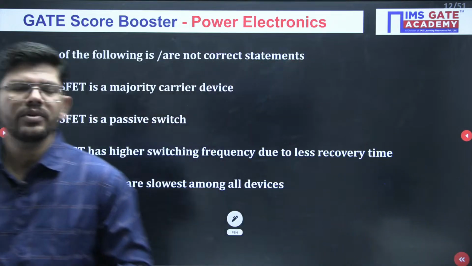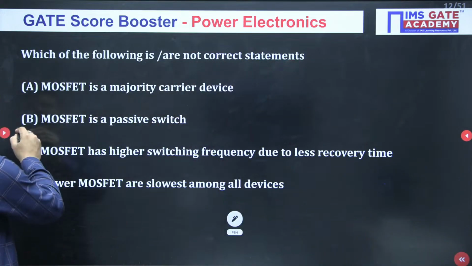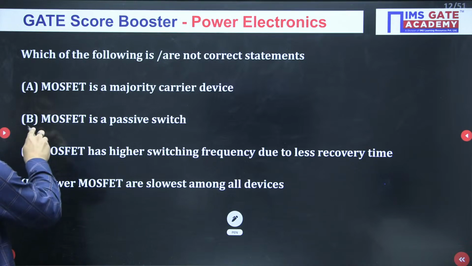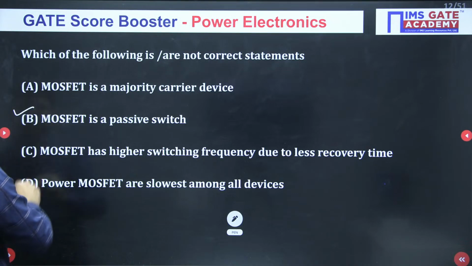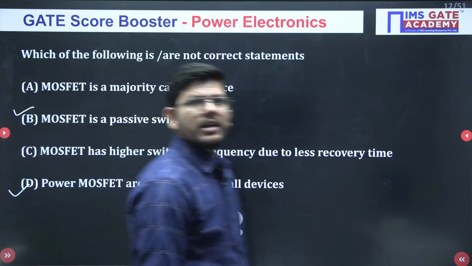Yes, you people are absolutely correct. So B and D are not correct here. So these will be the options which you have to choose here.